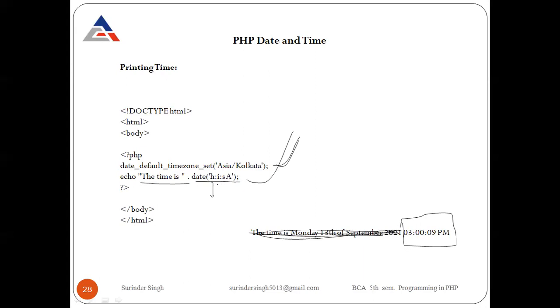This is small h for the 12 hour format, i for minutes, s for seconds, and a for morning or evening time, like am pm. Clear? It will print the time according to the time zone. If you are not setting it here, then it will take some default time zone and print the time accordingly. Clear?